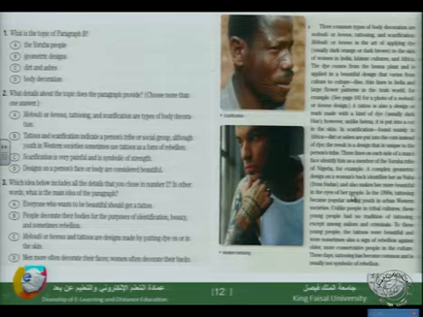What is the topic of paragraph B? Let us read. Three common types of body decorations are mehendi or henna, tattooing and scarification. Mehendi and henna is the art of applying dye, اللي هو الحنة, usually dark orange or darker brown, to the skin of women in India, Islamic cultures and Africa.